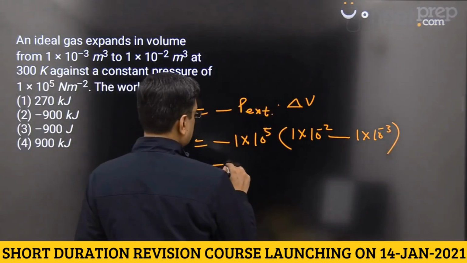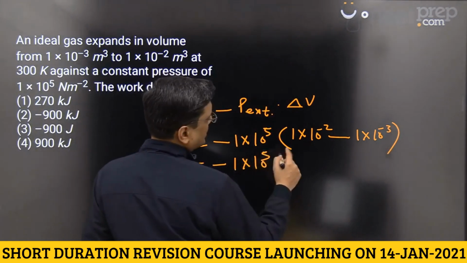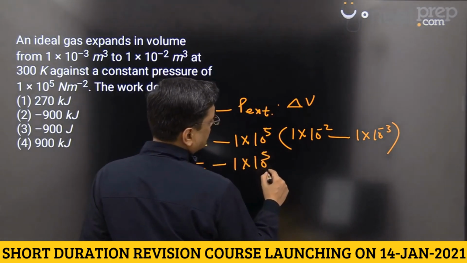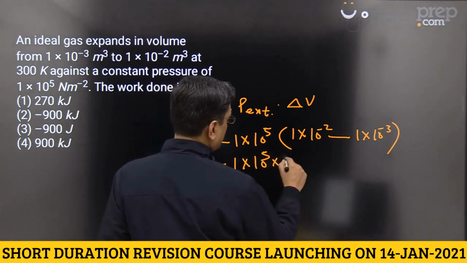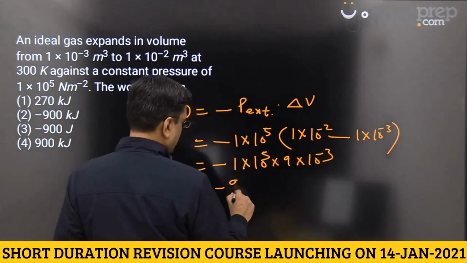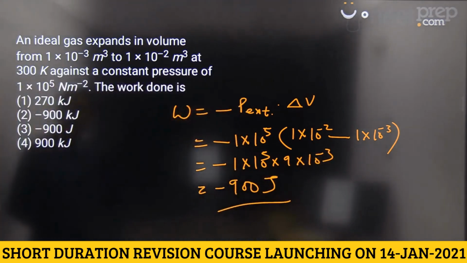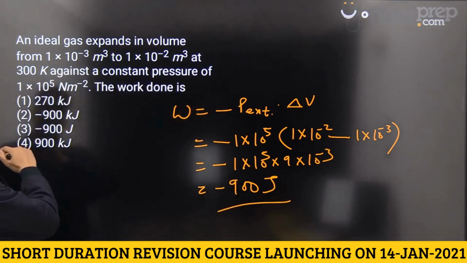So it is minus 1 into 10 raised to the power 5, here common is 10 power minus 3, 10 minus 1, so 9 into 10 raised to the power minus 3. So it is minus 900 joule. Minus 900 joule, this is the answer.